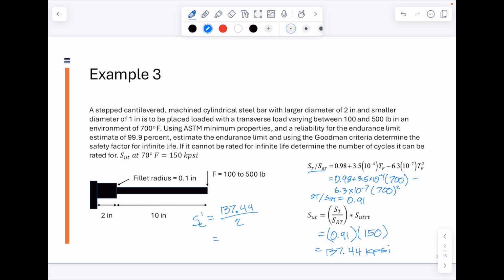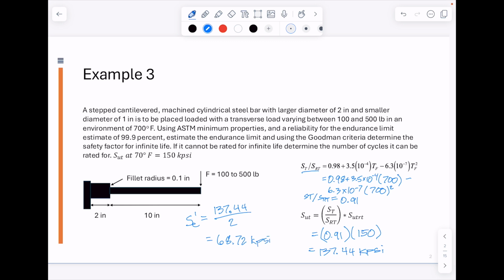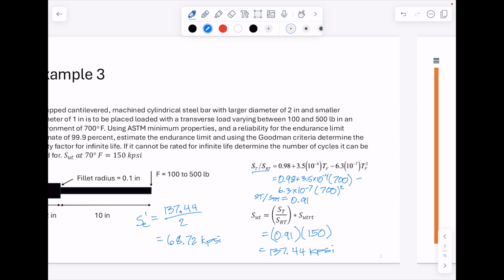And that would give us an estimate for this unmodified endurance strength of 68.72 kpsi. Now this is our unmodified estimate for the endurance strength, and so now we need to use our Marin factors to get an estimate for our endurance strength at these given conditions.